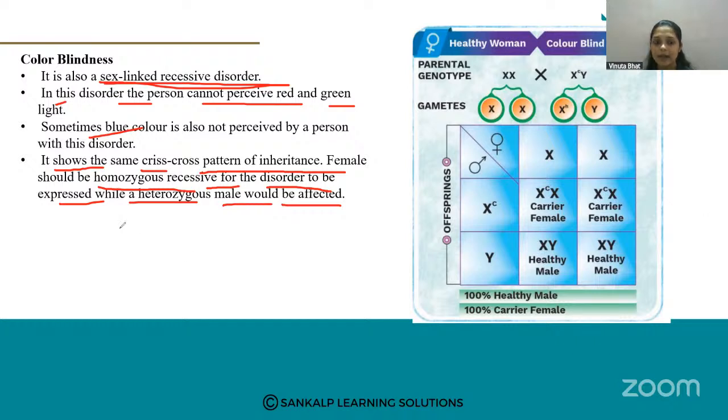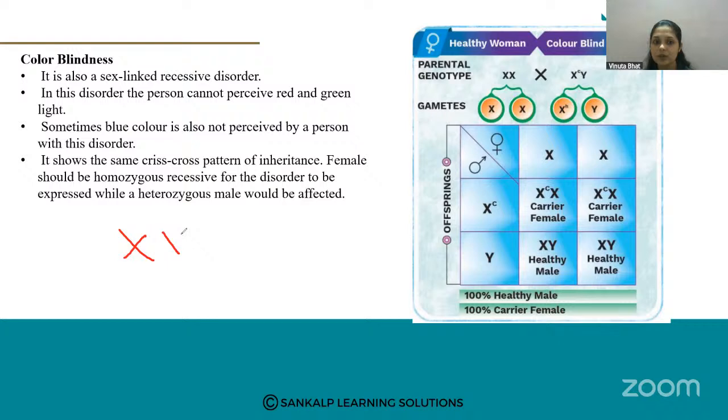So, sex-linked recessive disorder, just imagine here the female, only one X chromosome is affected, then she is called as the carrier. Okay, she is called as the carrier. In male, if the one X chromosome is affected, another one is Y, he is the diseased male.